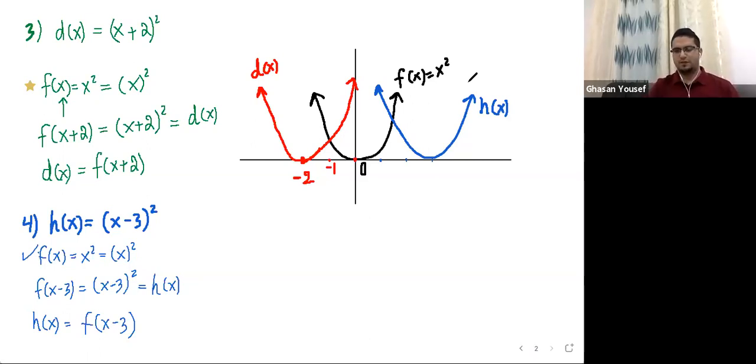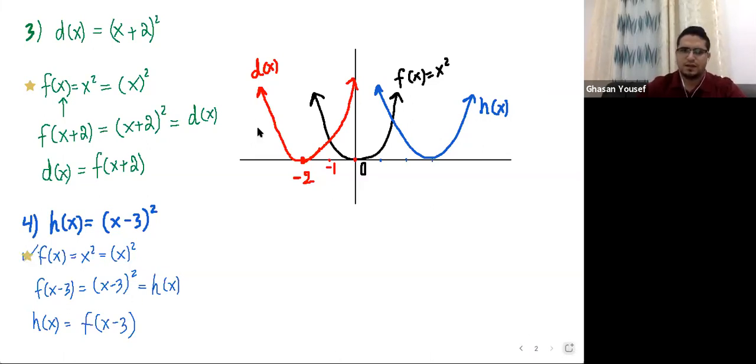Okay, if no questions, I'm going to give you an example that's combining the horizontal and vertical shifts. So I'm going to combine, in the same example, the horizontal and the vertical shifting.